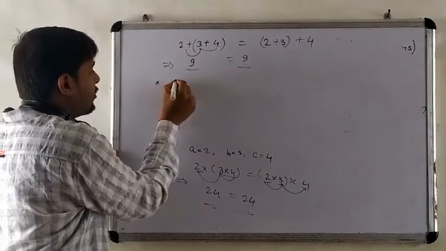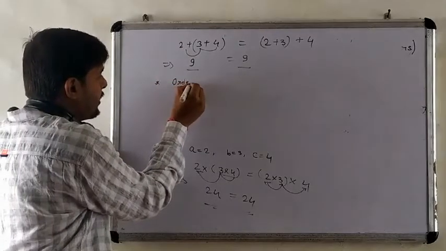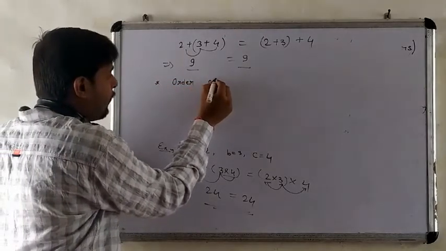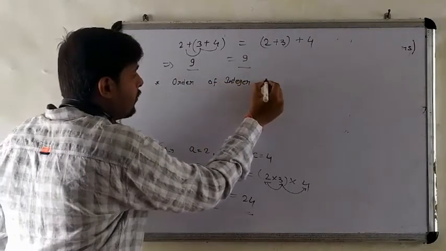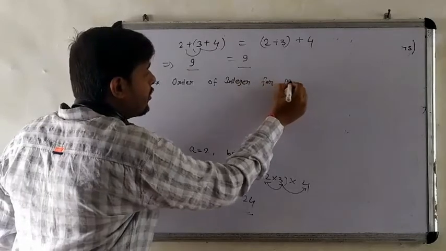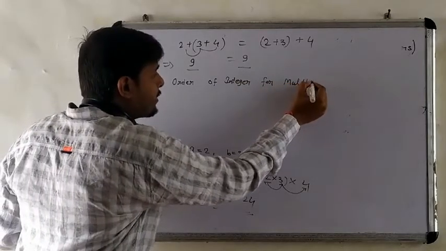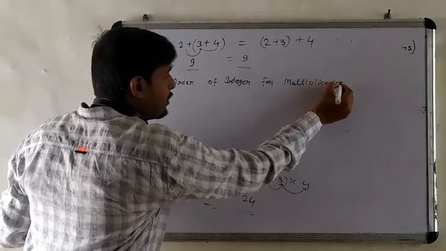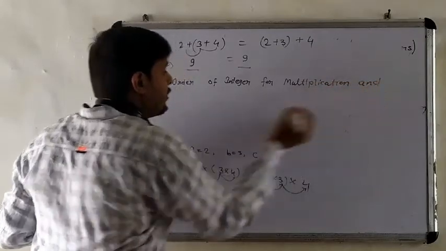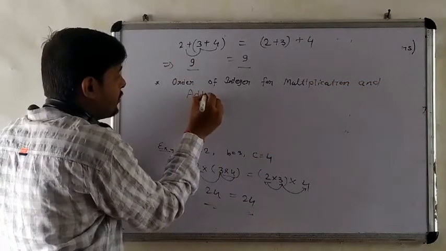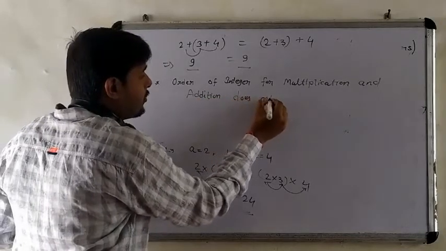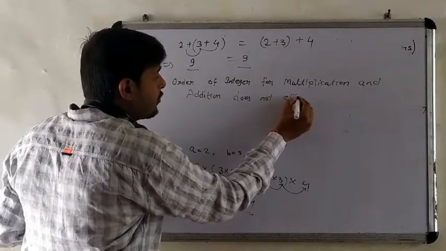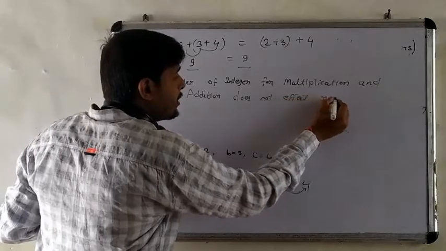Key point: order of integers for multiplication and addition does not affect results.